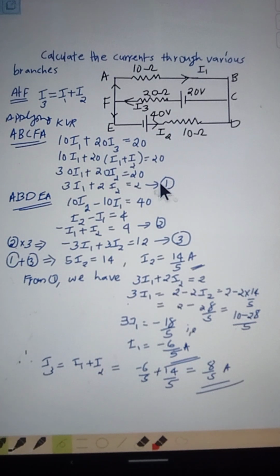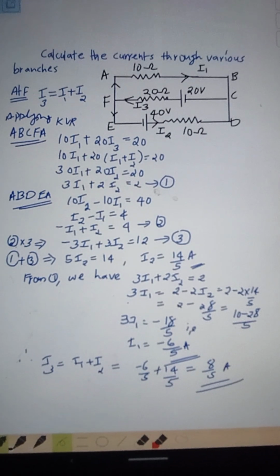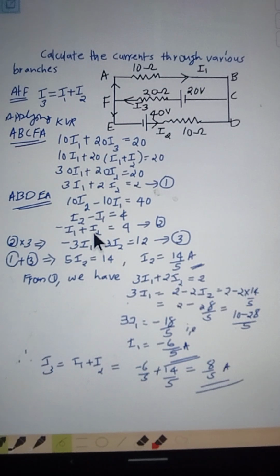Now comparing equations 1 and 2. Suppose we multiply equation 2 by 3. Equation 2 is multiplied by 3. 3 into minus I1, minus 3 I1 plus 3 I2 is equal to 3 into 4, 12, equation 3.